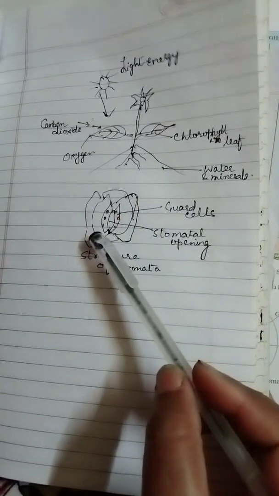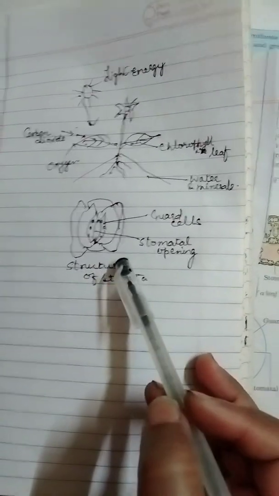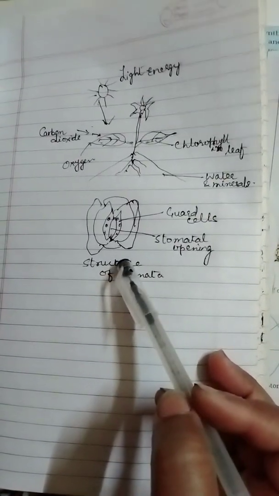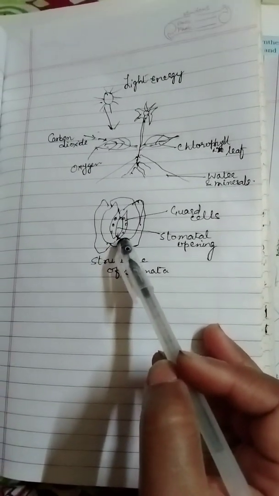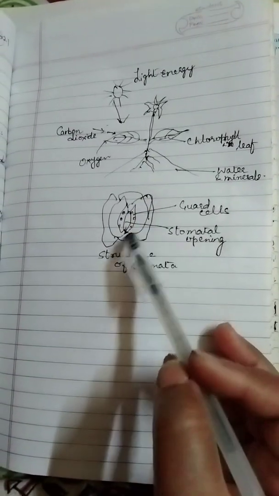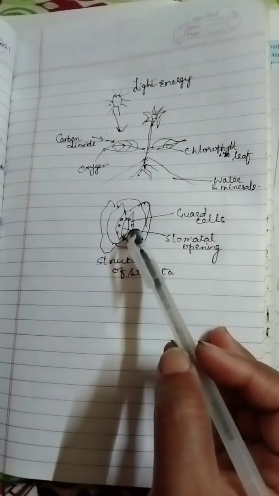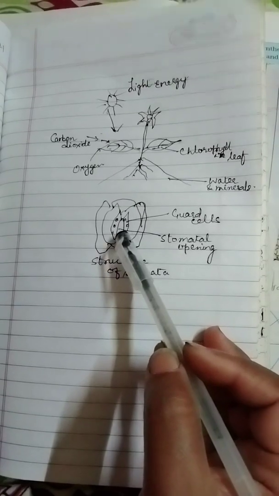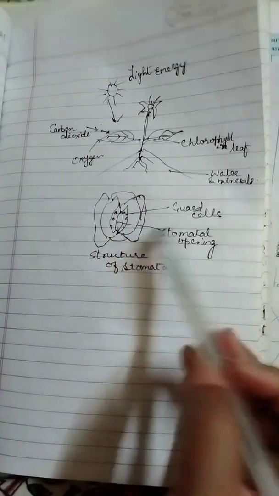And where does the carbon dioxide enter the leaf? This is the structure of stomata, and you can see the stomatal openings guarded by guard cells, and gaseous exchange takes place through the stomatal opening.